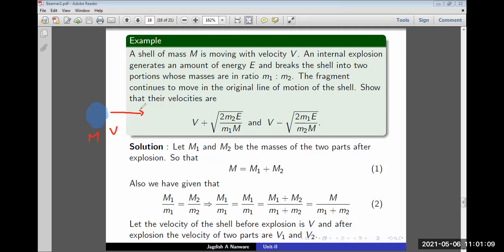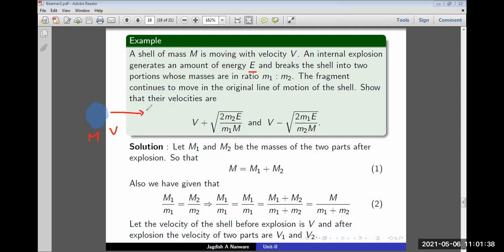And an internal explosion generates energy. There is an internal explosion, not external, right? So due to this internal explosion, this generates an amount of energy capital E. And this shell breaks into two parts.